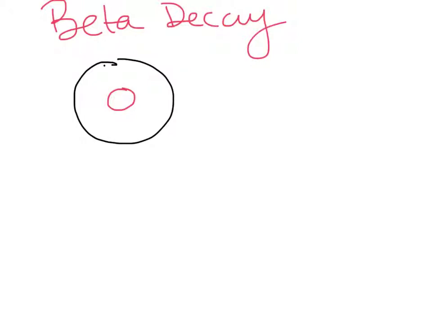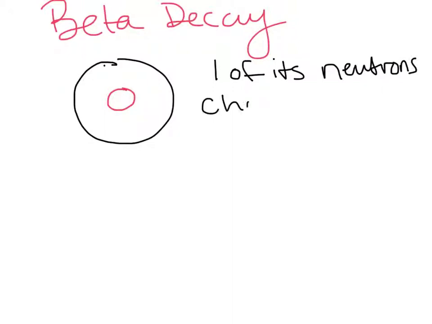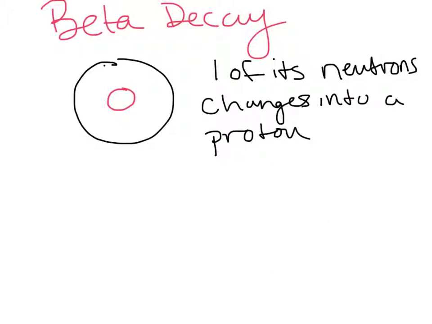The tenet behind beta decay is that one of its neutrons literally changes into a proton. Okay, and in doing so, it emits something called a beta particle.